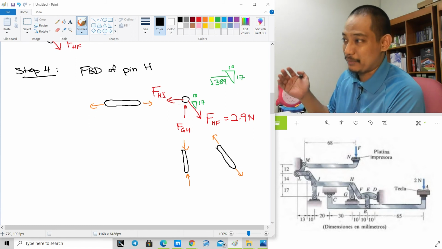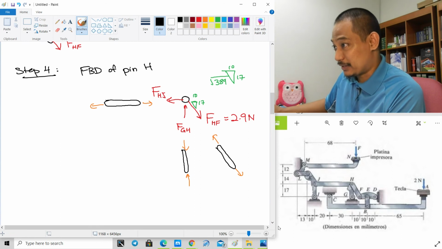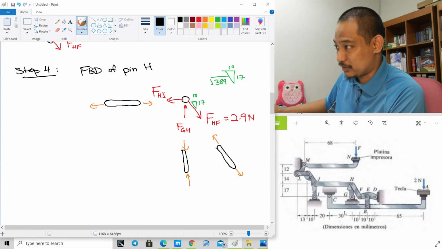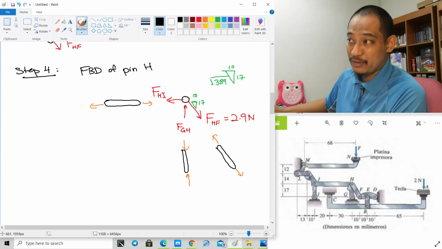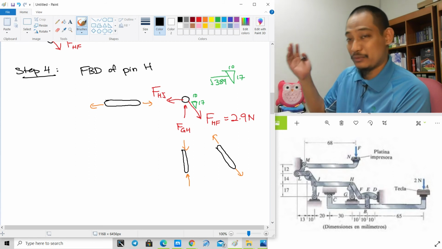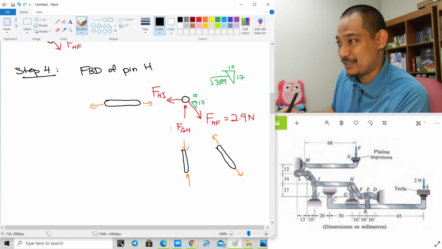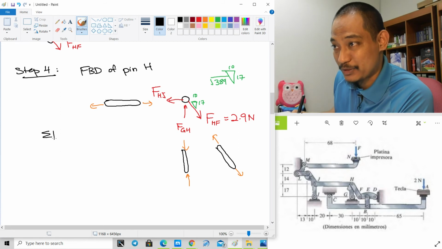From here, if you look at the diagram on the right, I want to get from 2 Newton up all the way to F, so we move bit by bit. Now I'm just interested to know what is FHJ, because I want to move to the next point. I don't care about FGH, I just want HJ. So I do summation of force in x direction equal to 0, with right as positive.